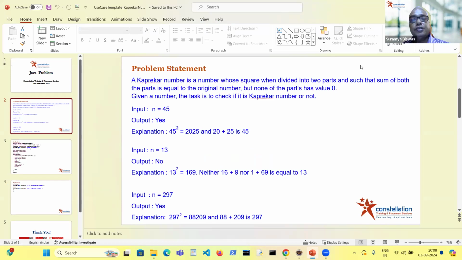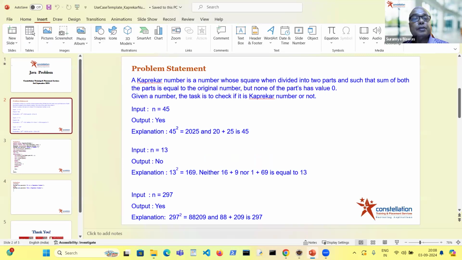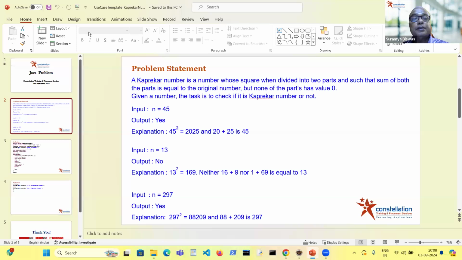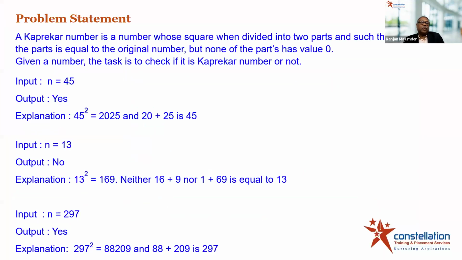Yes. So this is your problem statement. A Kaprekar number is a number whose square, when divided into two parts, is such that the sum of both parts is equal to the original number, but none of the parts has value 0.